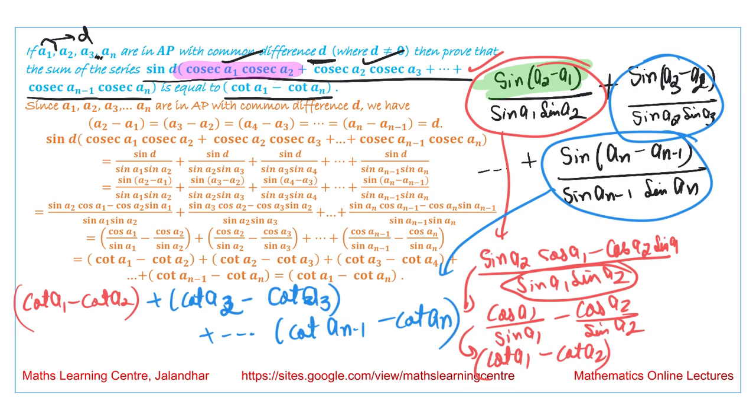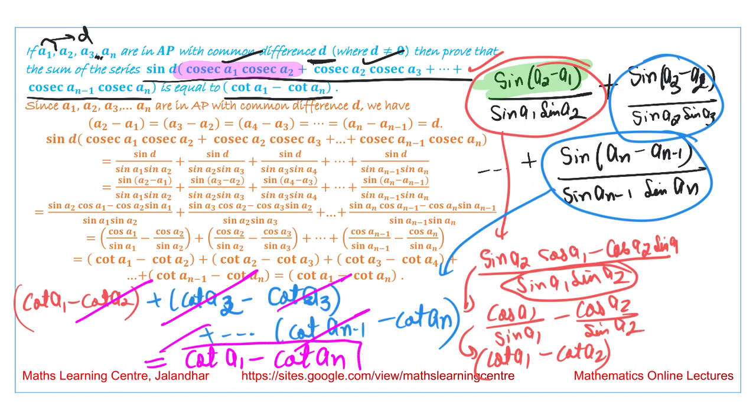Now look at these terms: cot a2 gets cancelled here, a3 gets cancelled with the next term, and so on up to an. So what we are finally left with is cot a1 minus cot an. This is the required answer, that this value is equal to cot a1 minus cot an.